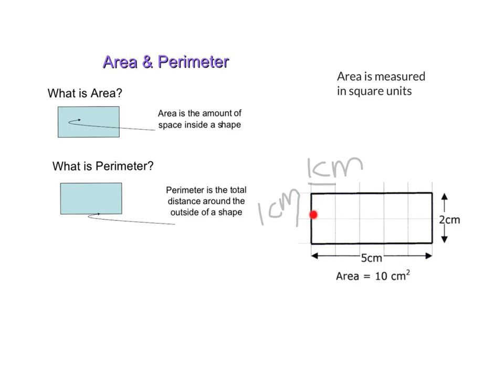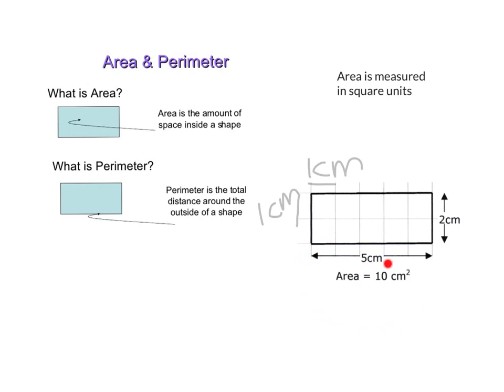It's 1 centimeter squared. To find the area of this entire shape, we can simply count the boxes in the shape. So there's 1, 2, 3, 4, 5, 6, 7, 8, 9, 10. Therefore, the area of this shape is 10 centimeters squared. And the same would apply for meters.